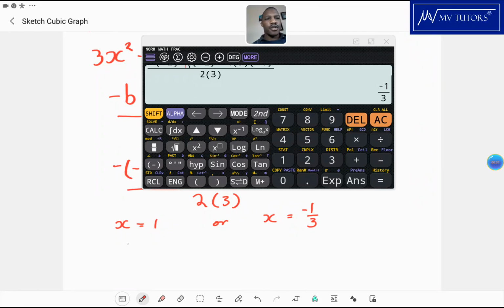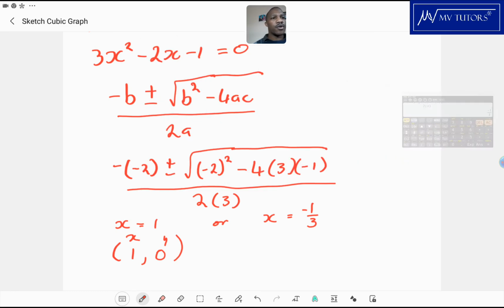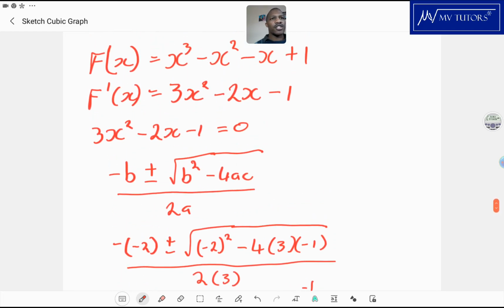Now we need to convert these into coordinates, and to do that, remember, coordinates is x and y. Okay, now because we've solved what x is, if x is 1, we know that y is going to be equal to 0. We solved it previously. What we're going to do here is that we don't know the y value of minus 1 over 3, so we have to put that into the original equation.